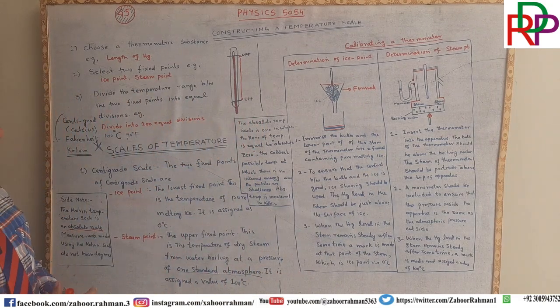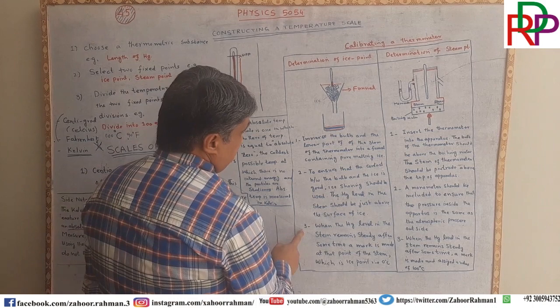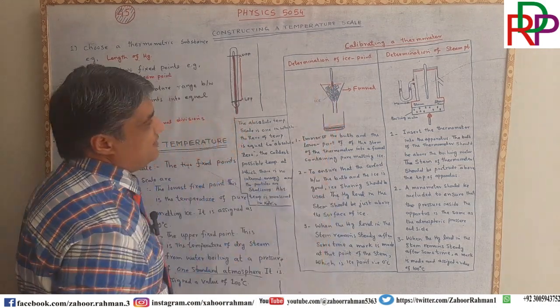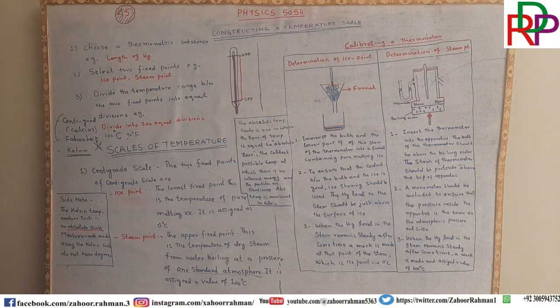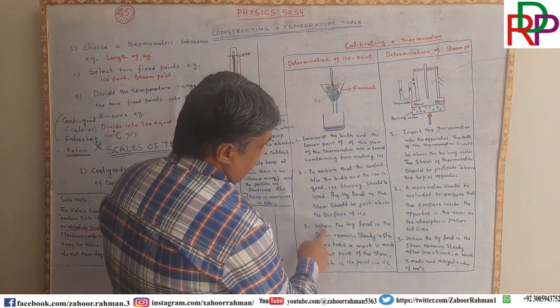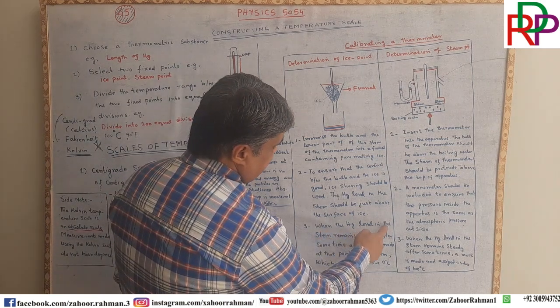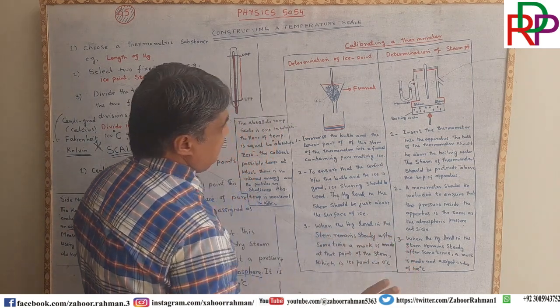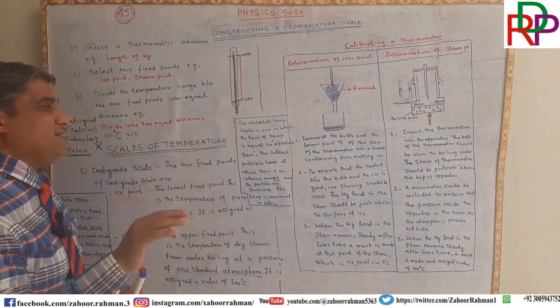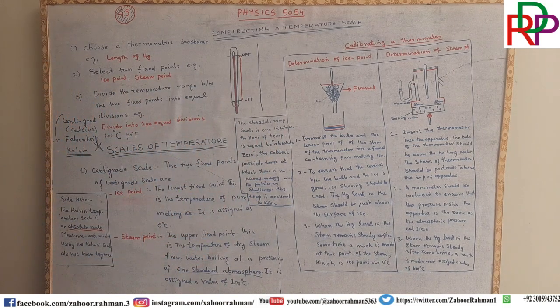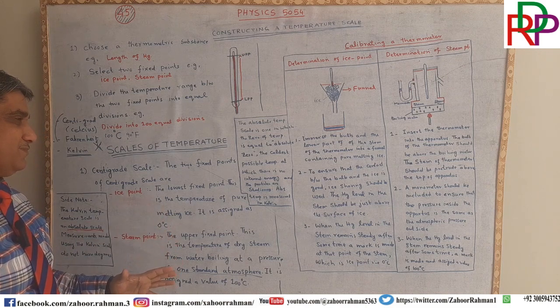The third and very important step: you have to observe the mercury inside the thermometric tube, and when the mercury level in the stem remains steady, it will come down, it will come down, you will observe, but there will be a point which will remain steady and it will not move down further.